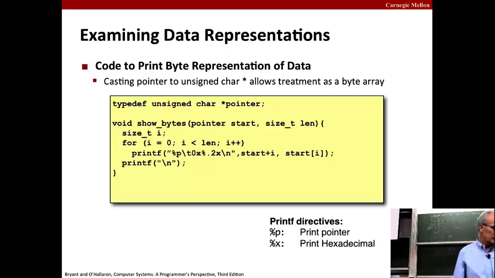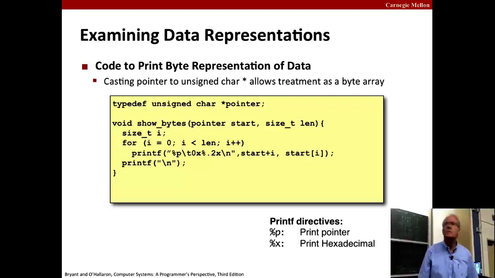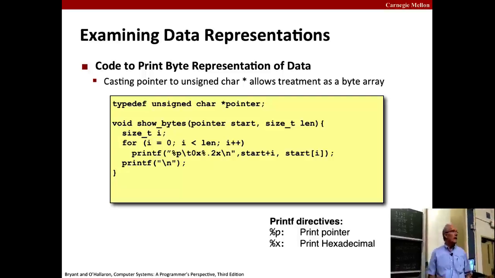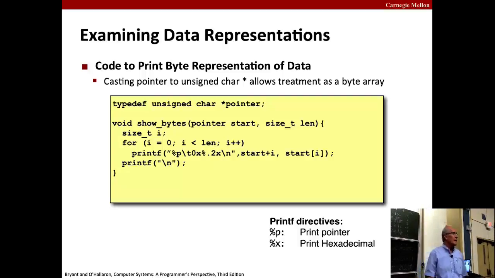Question? So what exactly is the pointer type? Is that like a void star or something? Well, I've defined it to be an unsigned char here. So typedef is a way to introduce a name for some data type, right? And so I've just declared a pointer to refer to an unsigned char. If you did a void star, it would not be happy with this reference here, right? A void star is just a way to pass around a generic pointer, but you can't actually reference that element.